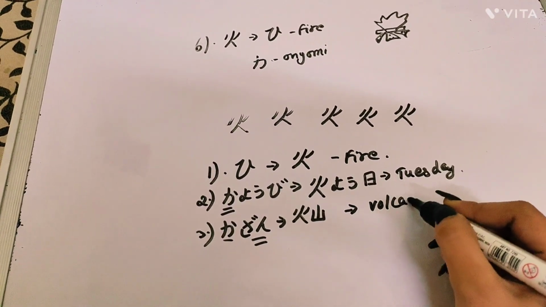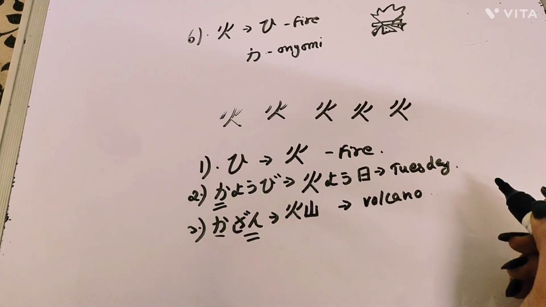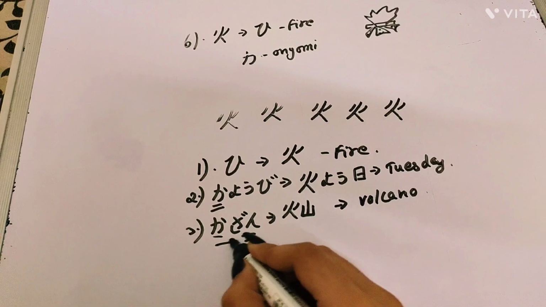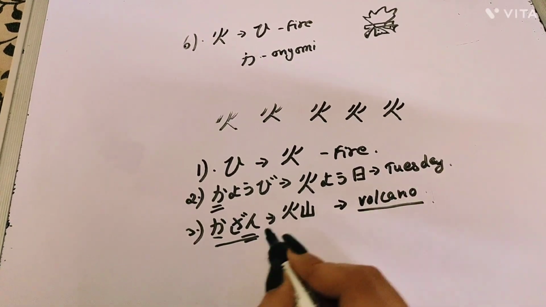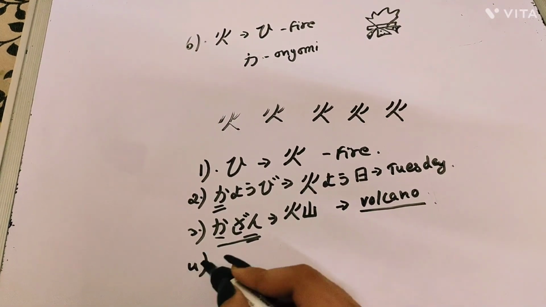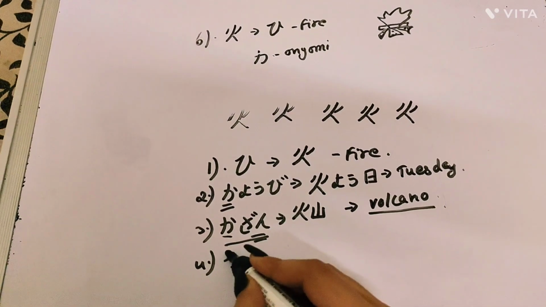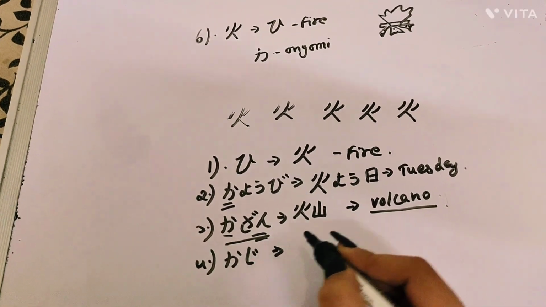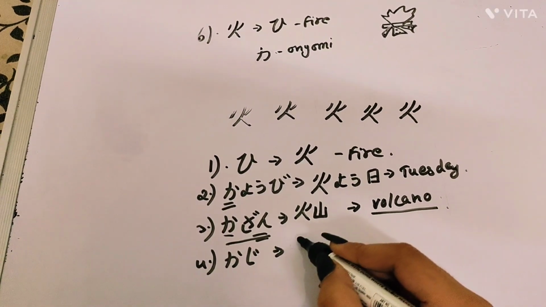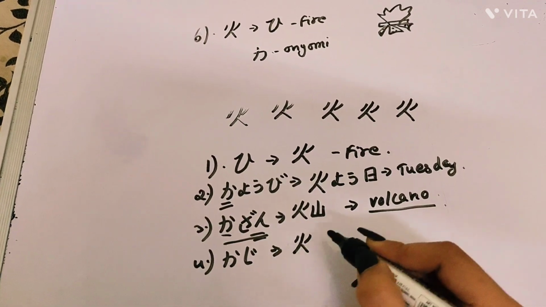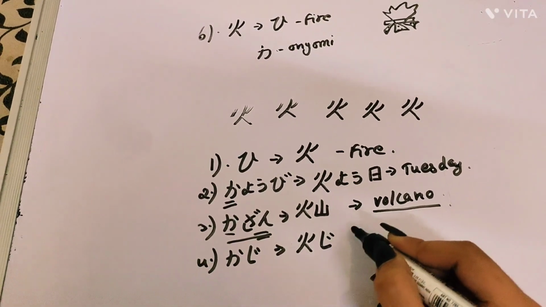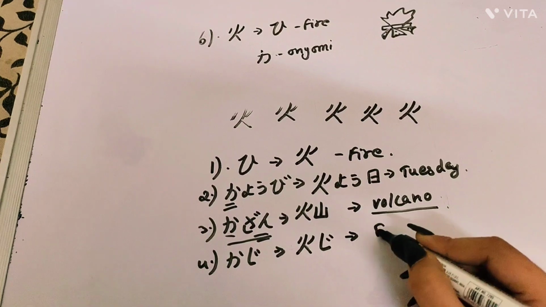Kazan means volcano. Next word is kaji. Kaji is fire. Draw the kanji of ka, then ji as it is.